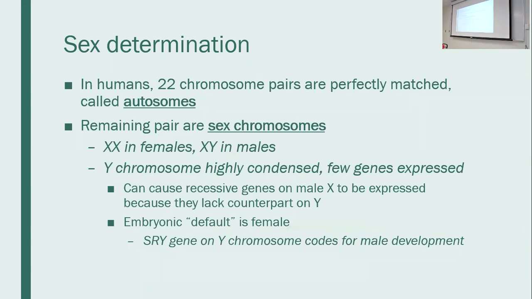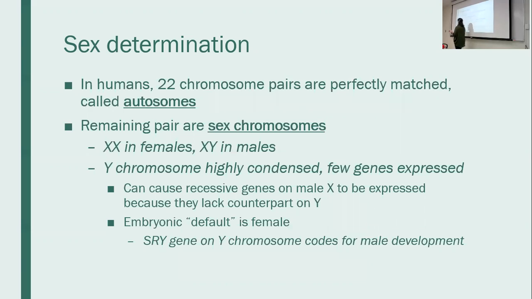So, like I said, in us, we have 22 pairs of chromosomes that pair perfectly, right? They are not involved in sex determination and are appropriately lined up, can cross over, tidy little paired chromosomes. Those are called autosomes. That last pair, number 23, are the sex chromosomes, right? 2 X's in biological females, an X and a Y in biological males.